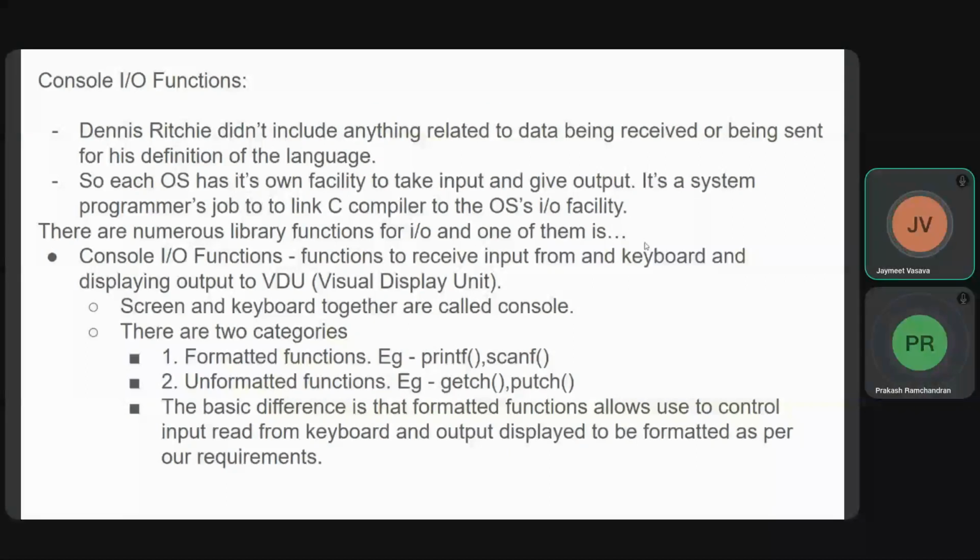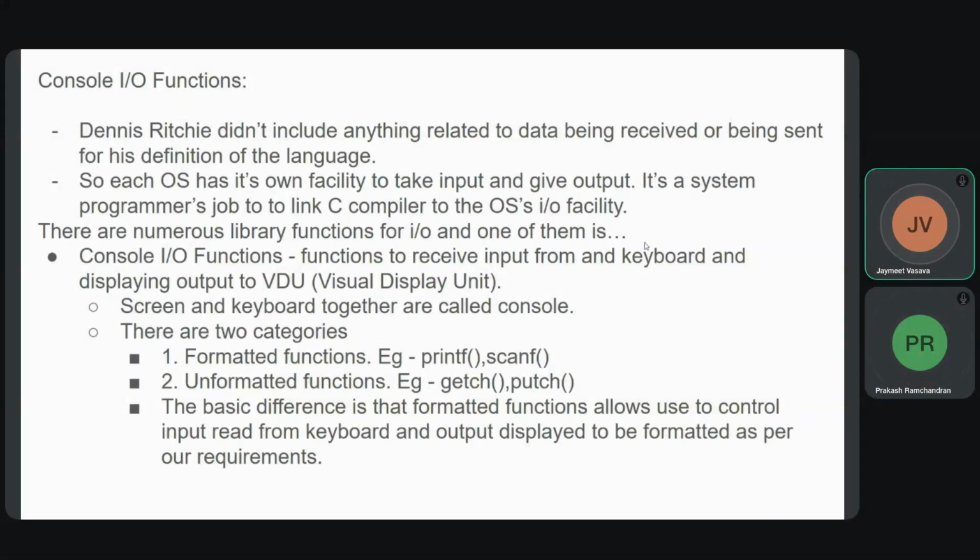So there are numerous library functions for input and output, and one of them is console input output functions. So what are they? They are functions to receive input from the keyboard and display output to the VDU, which is a visual display unit. Now, the screen and keyboard together are called the console, and there are two categories for it, which are formatted functions and unformatted functions.